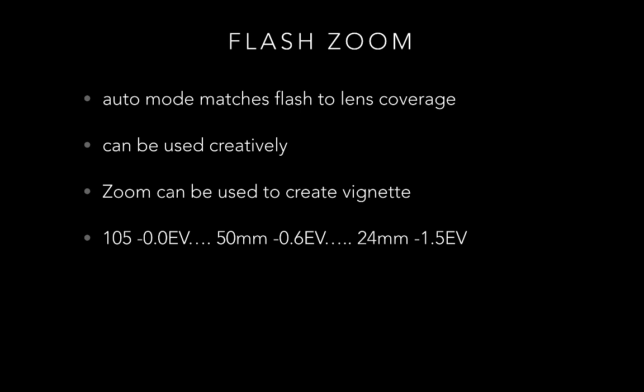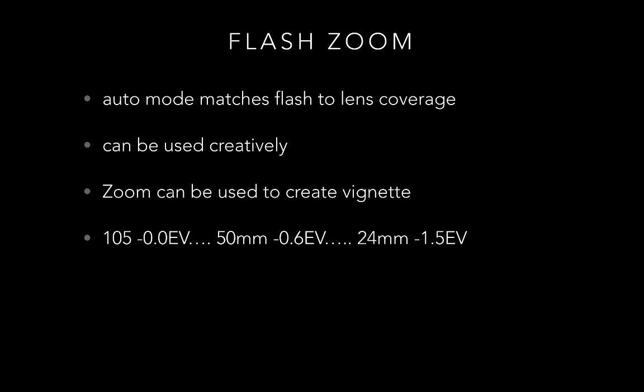Once you open up and expand that area to a 50 millimeter zoom range, you've lost a little bit over a stop in exposure. And as you move to a 24 millimeter zoom, which is as wide as that thing will zoom, that same flash exposure will have lost about a stop and a half.